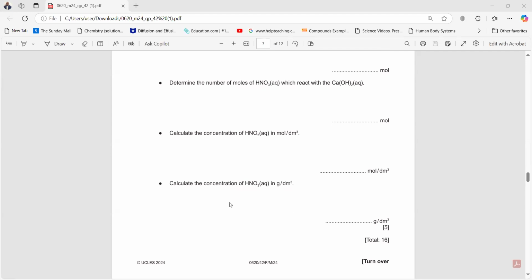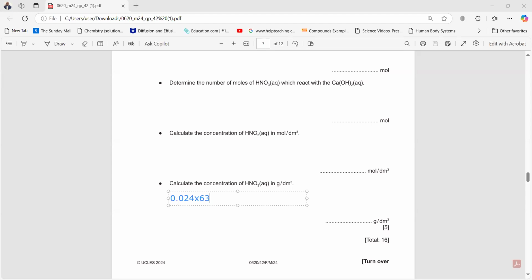All you simply do is take your previous answer, which we got before, in moles per dm cubed. If you still remember, we got 0.024. Then if we check, the MR for nitric acid is 63, not 68, 63.